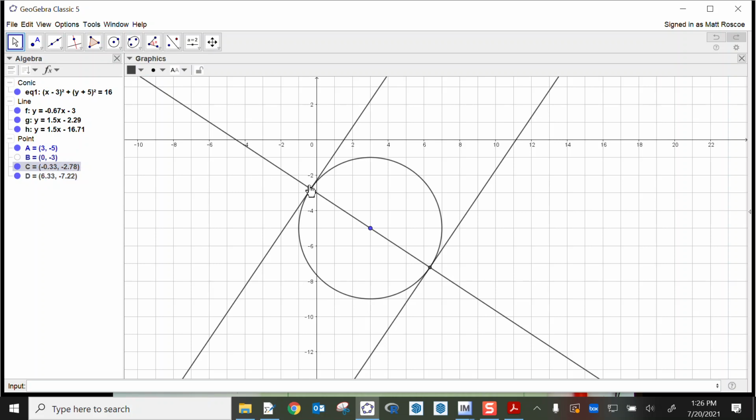So C is the one that we solved second, and -0.33 and -2.78 were the approximate values we got for that point. And the point D, in the lower right, is the first one we got, and that one's 6.33 and -7.22. Looks like I have a little rounding error on my handwork. I called this 6.32, but it should have rounded to 6.33 by GeoGebra's calculator. So looks like we're in good shape. I think we found them.